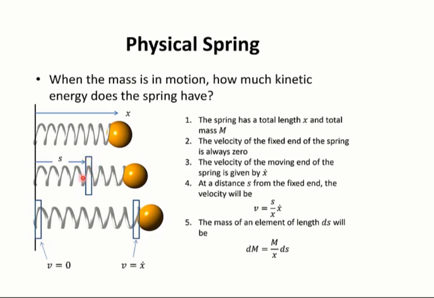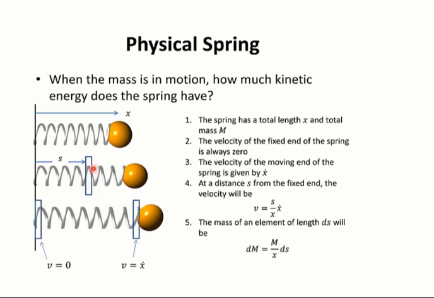Well, let us take a small segment here at some distance s, okay? So the velocity here should be equal to the velocity at distance x, which is x dot, divided by that distance x times this distance s. So this should be the velocity of this small segment here, okay?